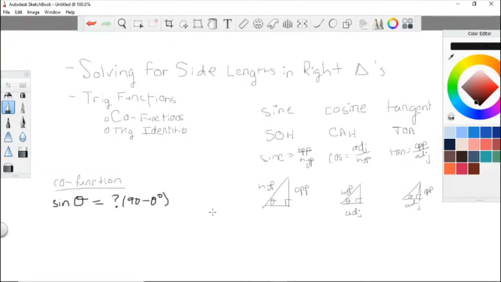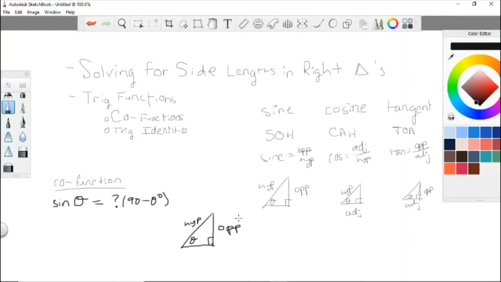And if we look at a right triangle, this is the theta. We know that the sine would be opposite over hypotenuse.